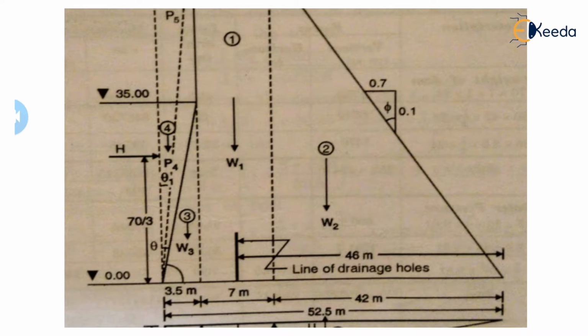But here you can see these vertical downward forces will be acting. If these forces act in a downward direction, its direction of moment will be anti-clockwise. Okay, so for analyzing and checking the stability of a gravity dam, here we are taking the sign for the anti-clockwise direction as positive and clockwise direction as negative.